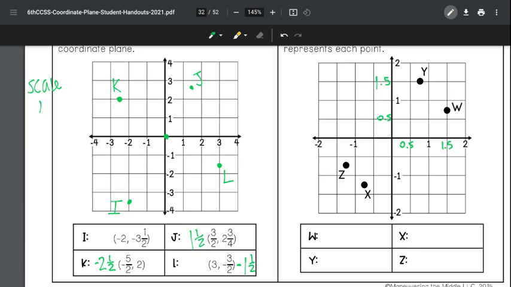All right, so looking at W, I'm going to go 1.5 units to the right. And then I'm going to go 0.75 units up, because I'm in between 50 cents and $1. I'm in between 1/2 and 1 whole.